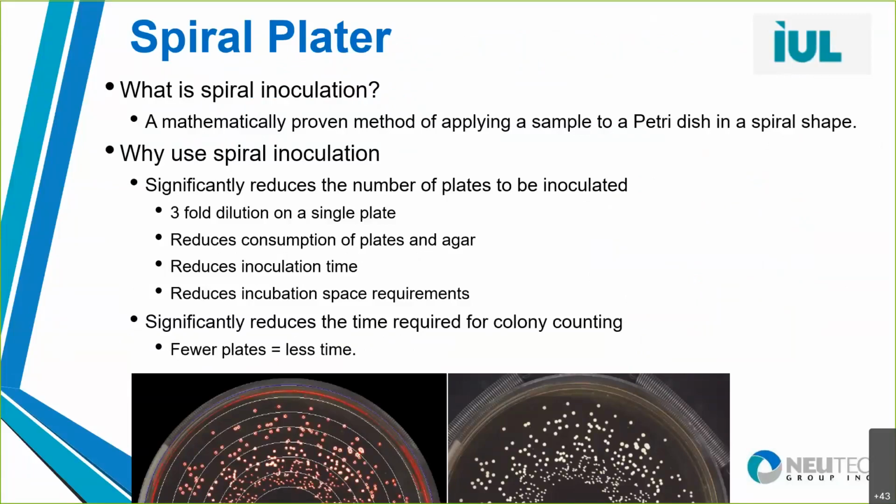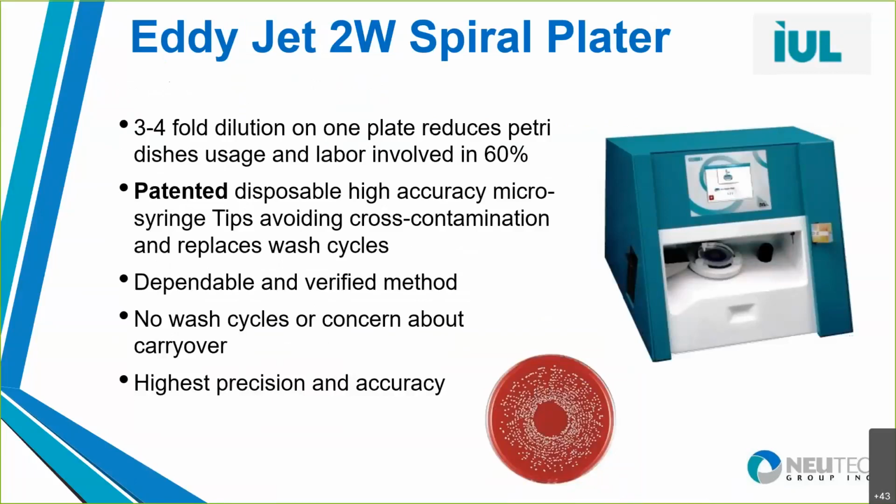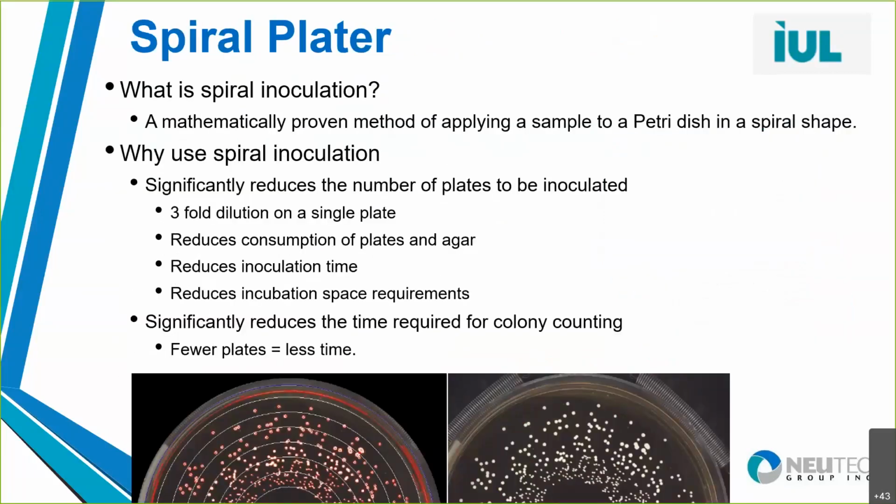The next step would then be inoculation, and the approach that IUL provides is called spiral plating, or spiral inoculation. The really nice thing about this approach, and it's a mathematically proven method, is that it does a threefold dilution on a single plate. So this drastically reduces how many plates and augers you have to use. It reduces inoculation time.